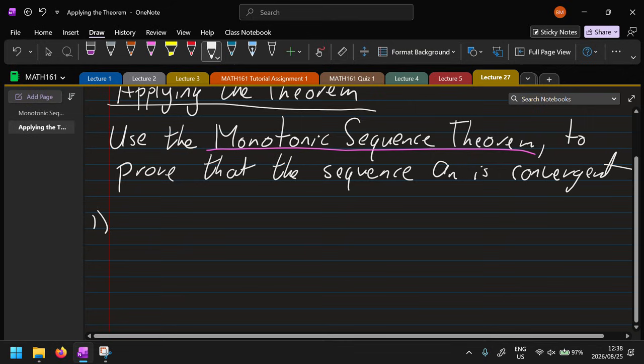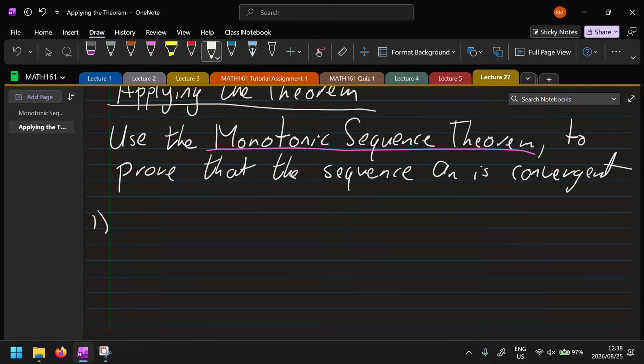Okay, so number 1. We have a sub n is equal to 1 minus 1 over n. So very simple, just to get us started. What we need to do is figure out which case this is.